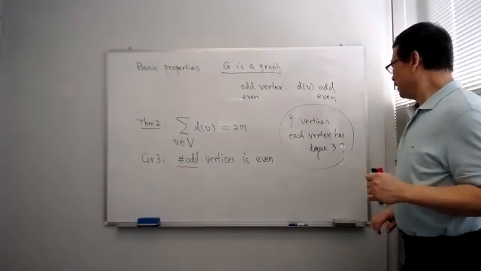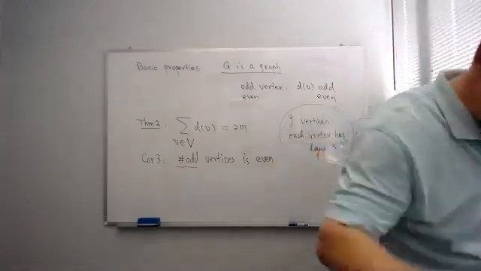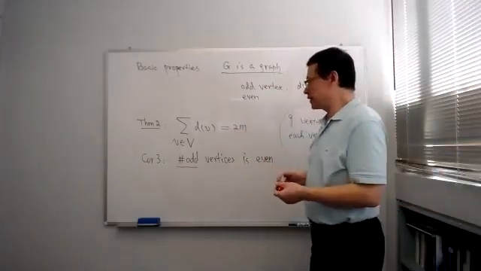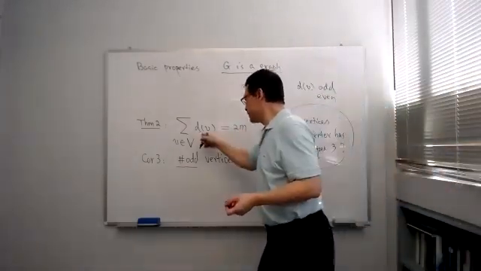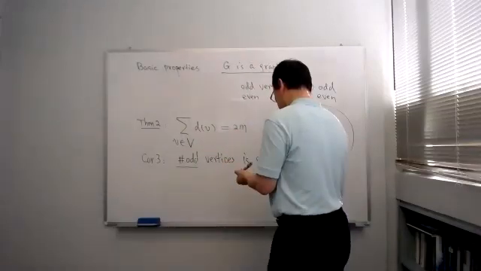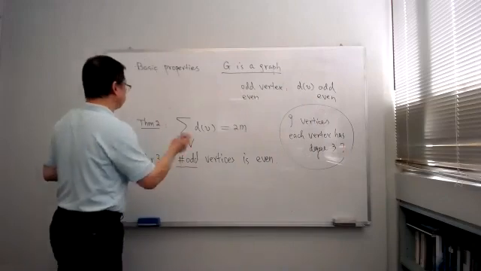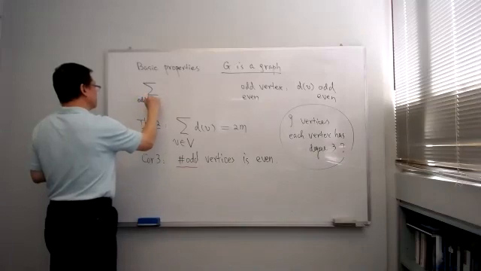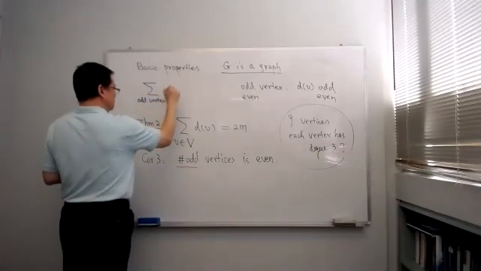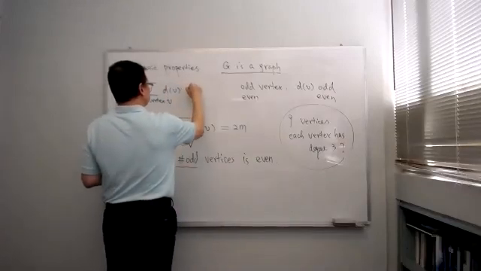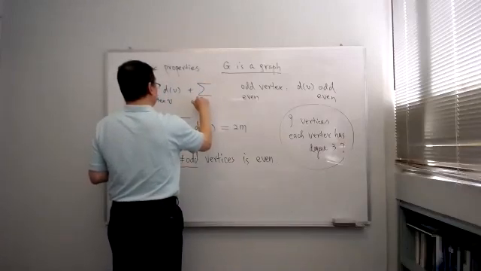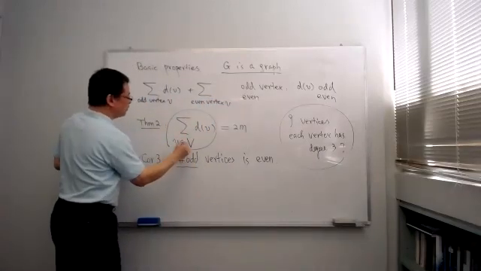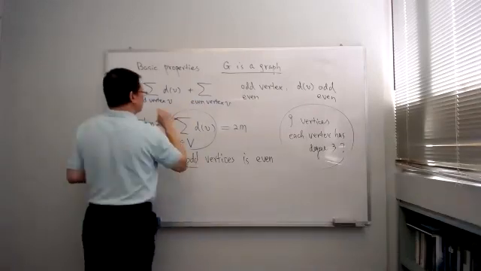Okay, so this one actually is quite simple. Let's see the notation. By this, we classify vertices into 2 categories. So here, the summation of degree can be broken down into 2 parts, odd versus even.